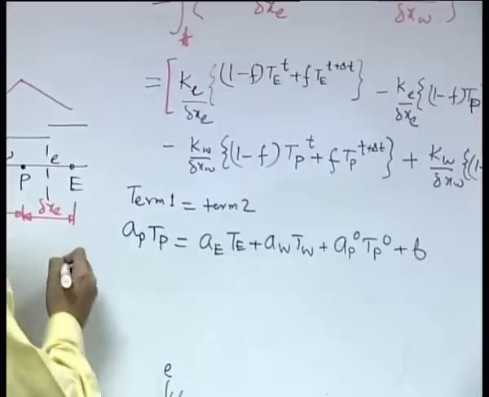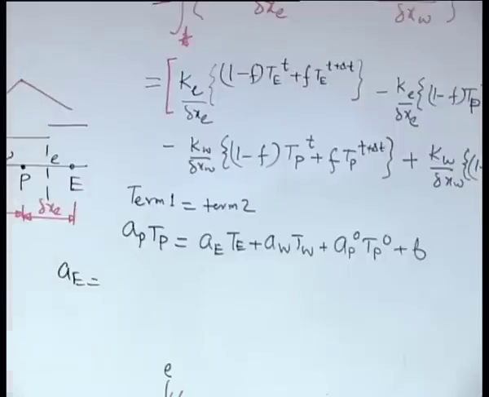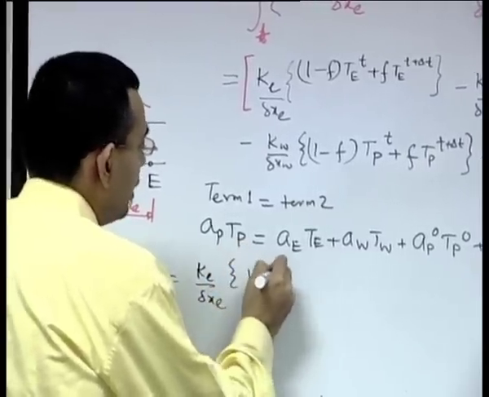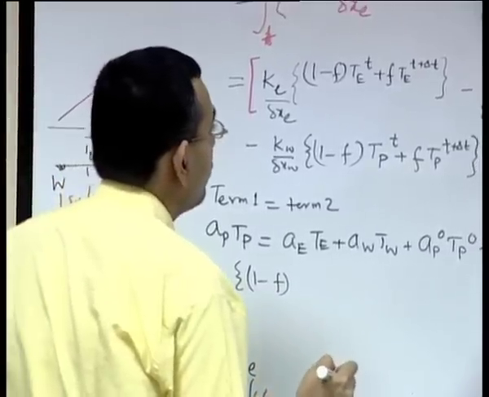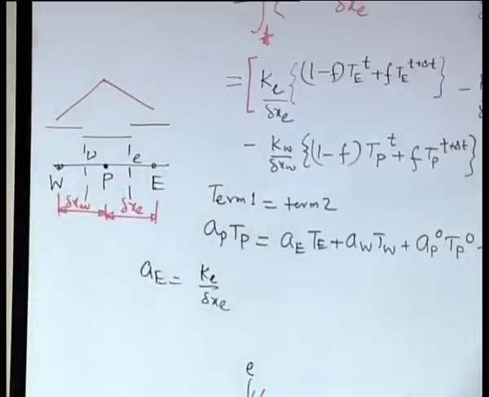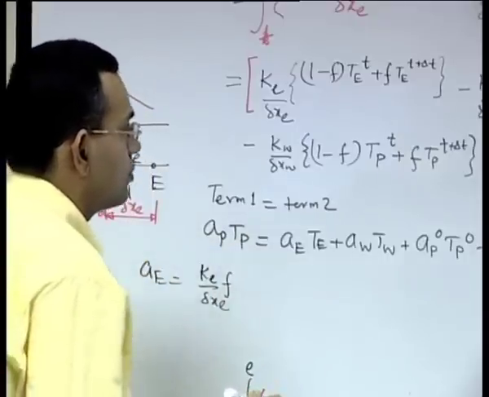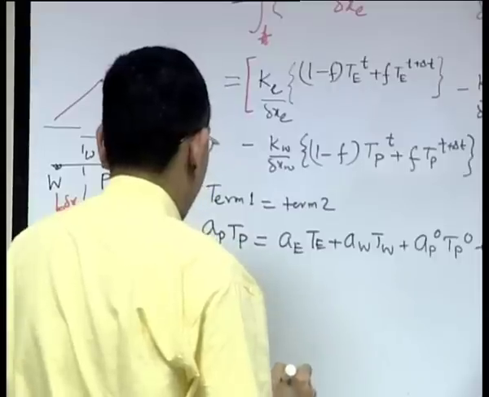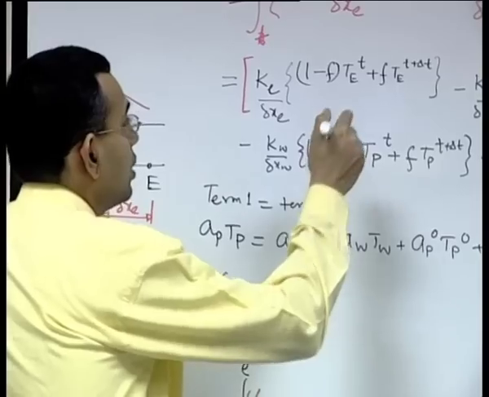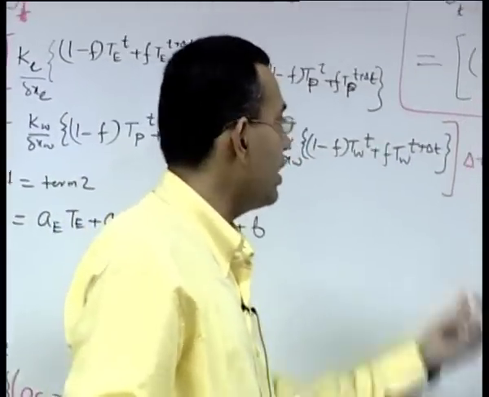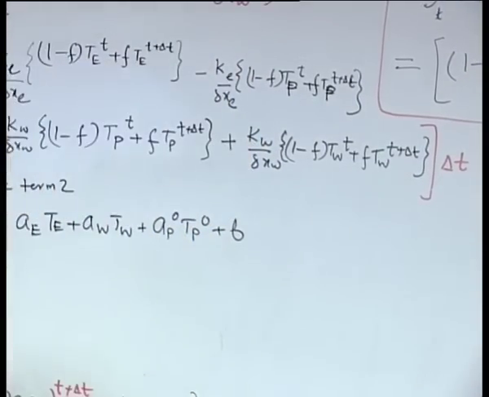So, what is AE? AE is KE by delta xe into F, sorry, not 1 minus F but F. What we will do is divide both sides by delta t, so that we write delta x by delta t here and that delta t is taken care of in this way.